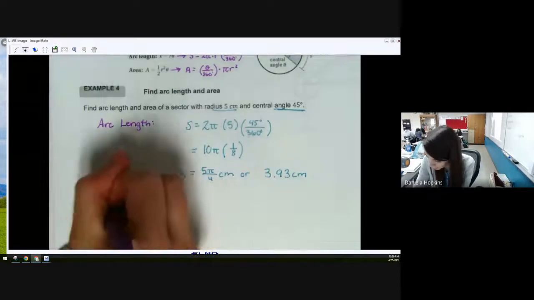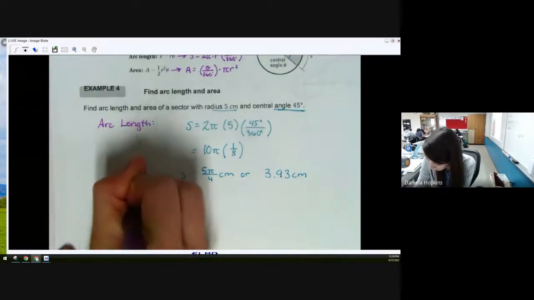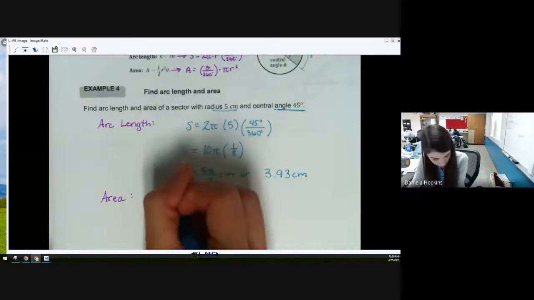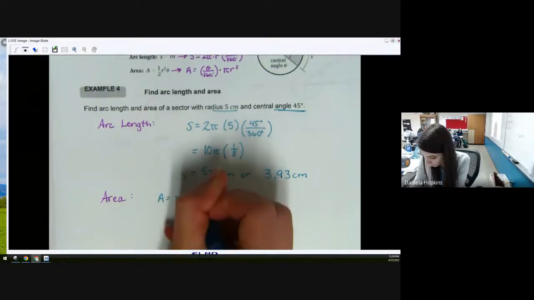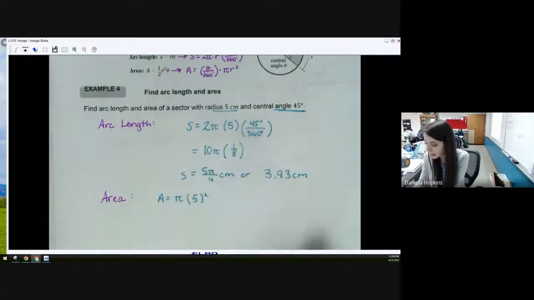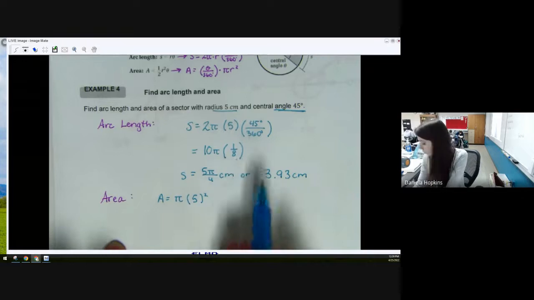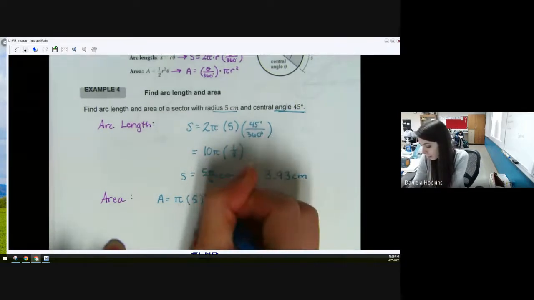All right, now my area formula. For my area formula, I'm just going to plug in that my area is equal to pi times my radius squared. Now, it would be this 45 over 360, but I already know that it's 1/8 of the circle, so you can just go ahead and multiply it by 1/8.